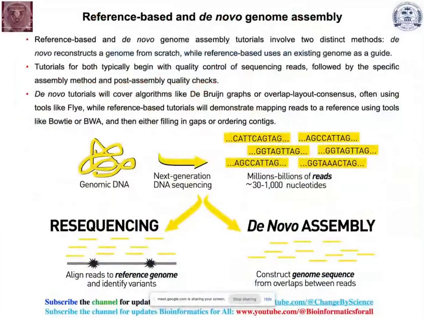So now I'm going over the basics of reference-based and de novo genome assembly. The tutorials here involve two distinct methods: de novo reconstructs a genome from scratch, while reference-based uses an existing genome as a guide.